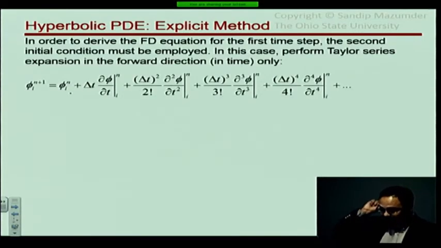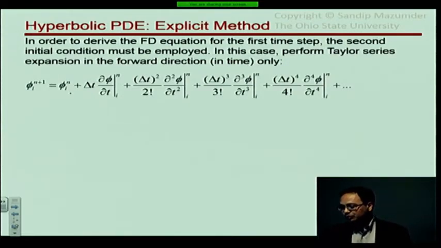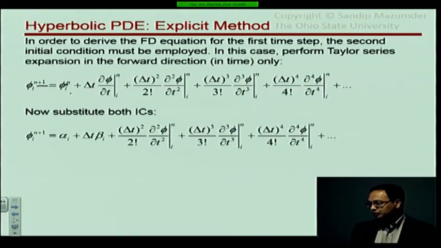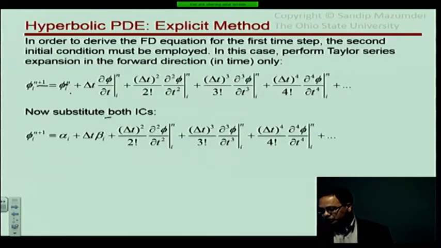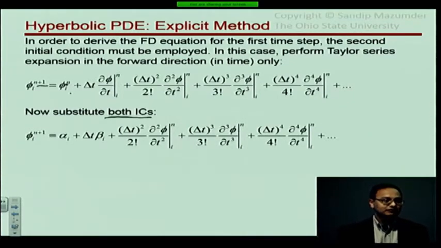Again, we start with a Taylor series expansion, a forward Taylor series expansion, of n plus 1 about n. Now what we are going to do is substitute in both initial conditions. This is kind of like what we did for spatial derivatives and boundary conditions.